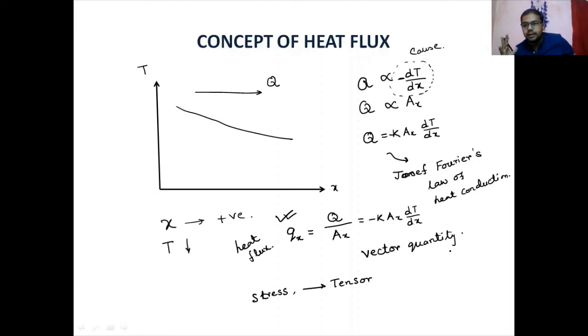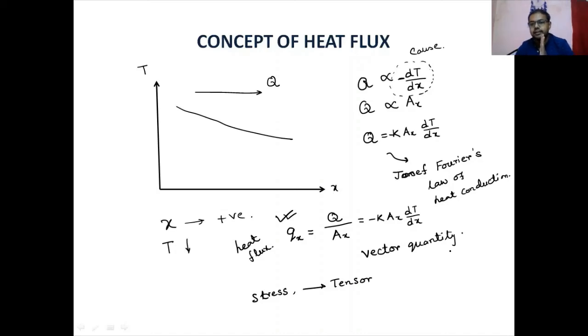It may be normal, it may be horizontal, it may be inclined, anywhere. But heat flux only considers the area which is normal to the direction of the heat flow.